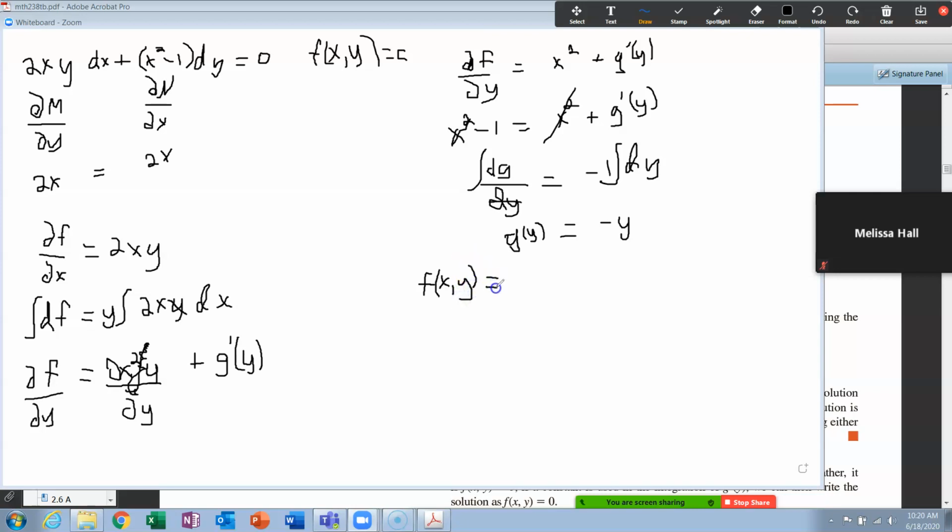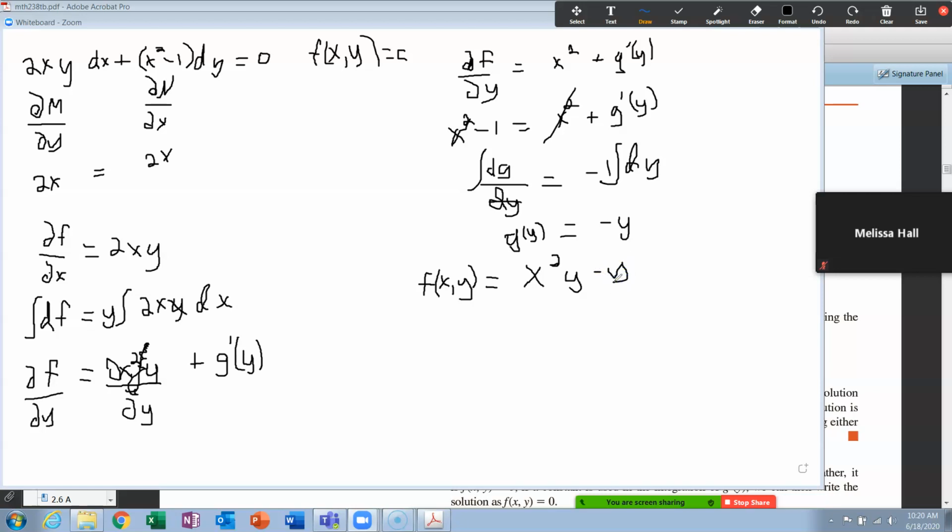It's equal to, before this got all messed up, just an x squared y plus g. Before we took the derivative, that was just a g there. Well, your g is now minus y.